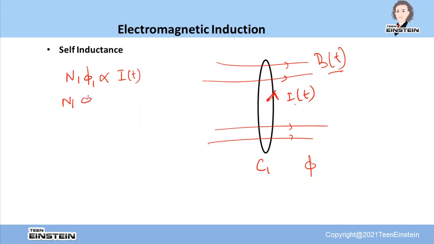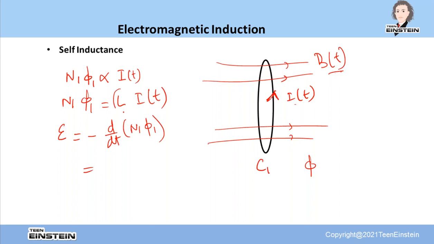If I remove the proportionality, I can write this as L I. So there will be an induced EMF in the coil itself. This induced EMF will be minus d/dt of N1 phi 1. This L is the constant of proportionality, called self inductance.